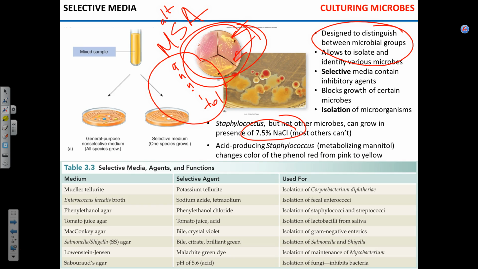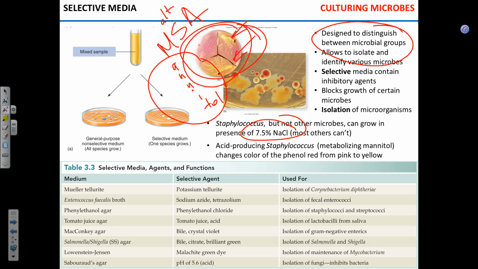Yeah, but Staph aureus can ferment mannitol. Staph epidermidis cannot. So we can say, we have 2 Staphylococci species, but one is mannitol fermenter, one is not, so that's probably what they are. Does that make sense? So this media, first of all, it selects for the particular microbe to grow, and then it also allows you to differentiate, and we'll get to what that type of media is called.